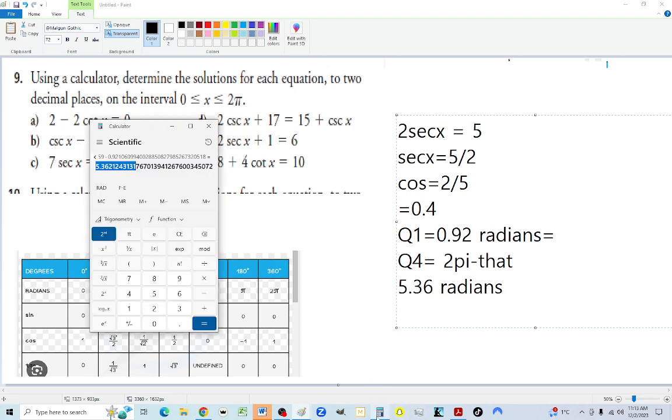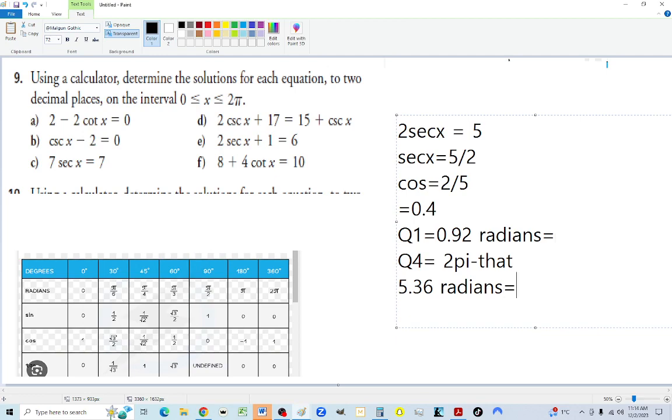So let's take this and divide it by pi. So it's 1.7 pi radians. If you wanted to express that as a fraction, it's 17 over 10 pi radians.